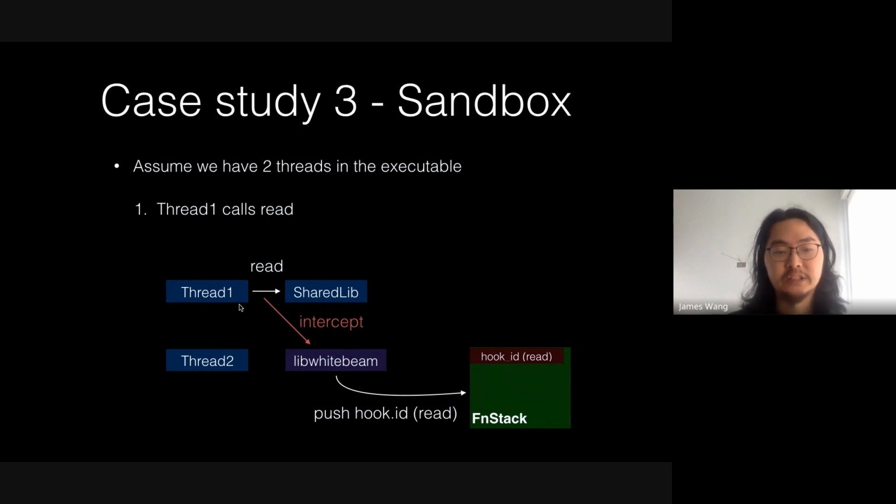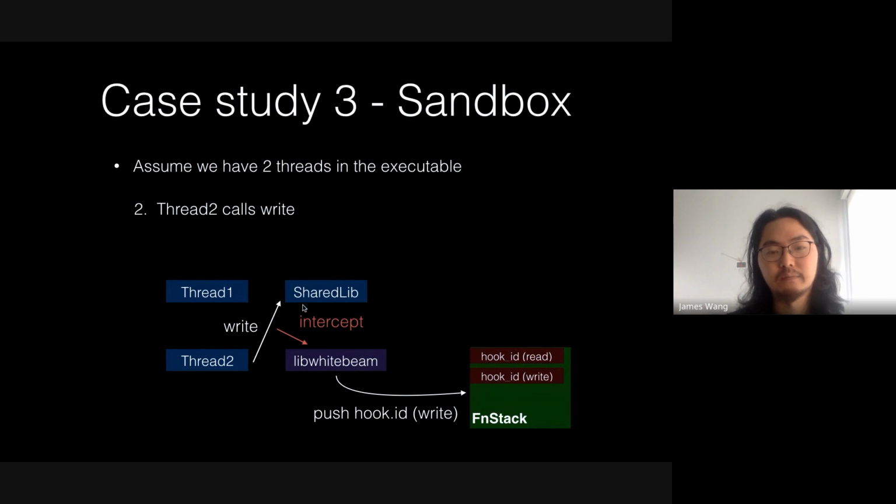For example, if the first thread is calling the read function in the standard library, we intercept the read function and push it into the function stack, and then it's supposed to be replaced with the generic hook function, right? But before the generic hook function executes, the second thread calls the write function, which is also intercepted and pushed into the function stack.